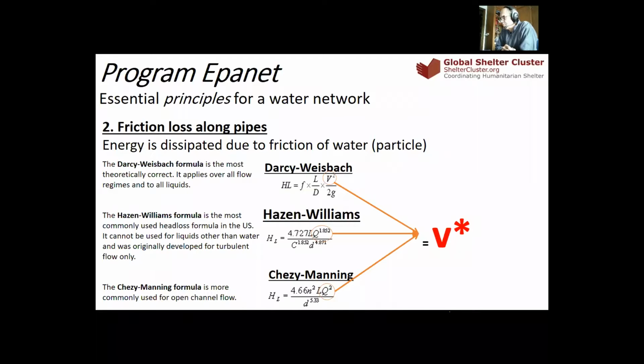What does it mean? If I have water in a pipe flowing at 1 meter per second, I have an amount of friction loss, let's say 1. If I have the water flowing double as quick, 2 meters per second, my friction loss is actually 4 times more. So the friction loss is exponential to the velocity of the water in the pipe.